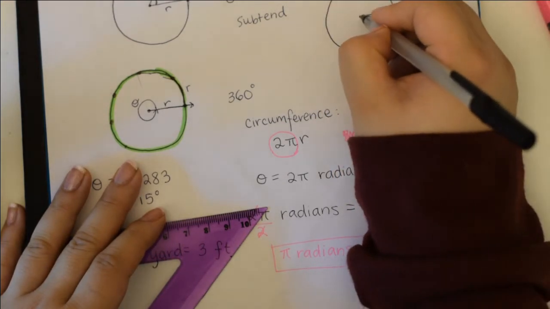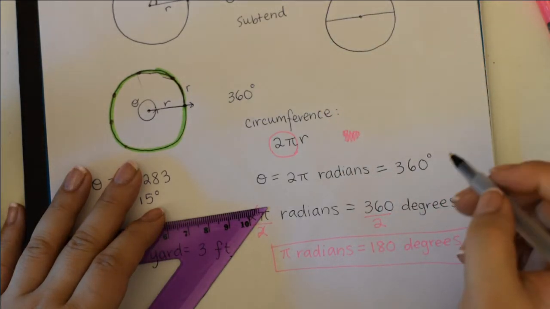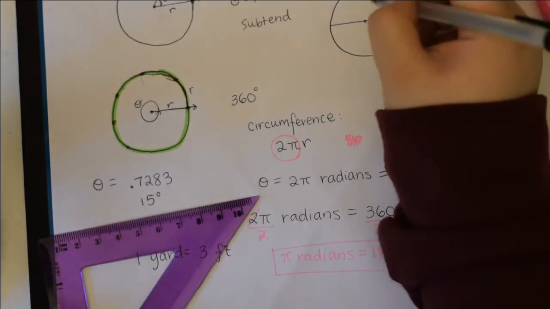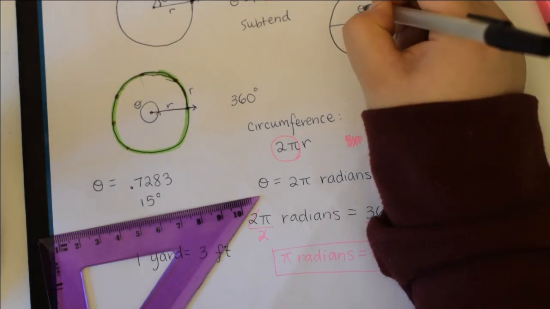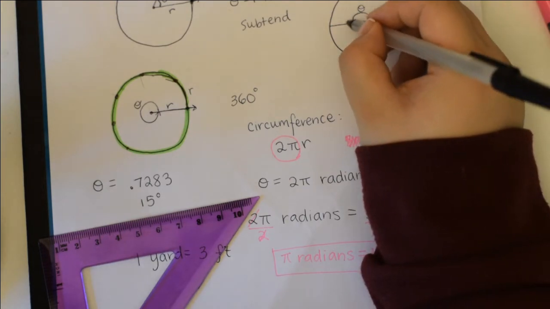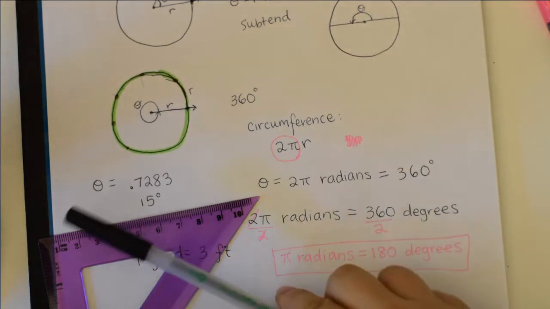So this is R and this is R. Then what would this angle be right here, which I know is 180 degrees, halfway around the 360.